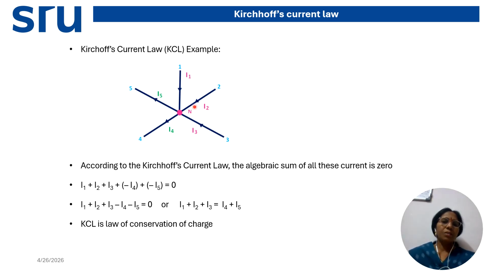See here in this picture, this is the node where 1, 2, 3, 4, 5 branches are connected together, which means in every branch there is a current and the current directions are also mentioned.